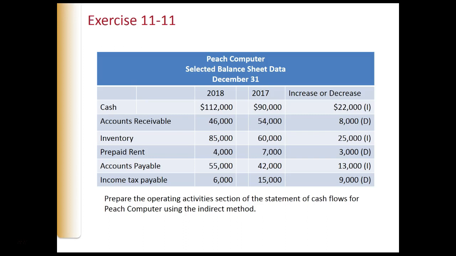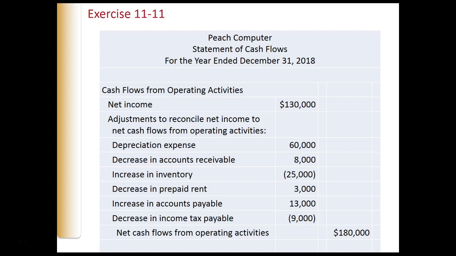Remember, we used cash to go from $15,000 to $6,000. Therefore, we have to subtract cash because we used that money, that cash. So we start with a net income of $130. We add and subtract to come up with net cash flows from operating activities of $180,000.